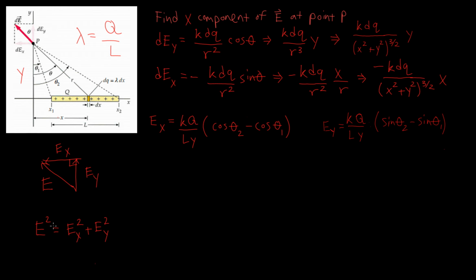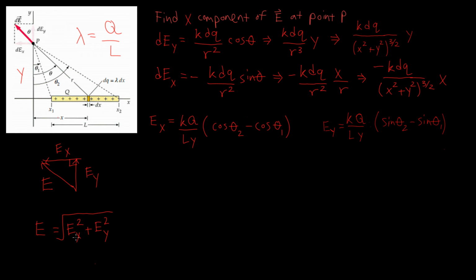If we wanted the total electric field at point P due to the line segment, we would take the square root of both sides, and that would eliminate the square on the electric field.